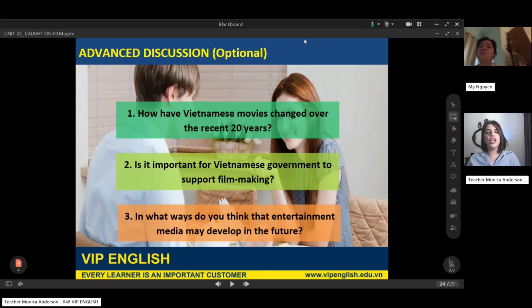So technology, of course. And some special effects, they use modern technology to improve the quality and the level of film.